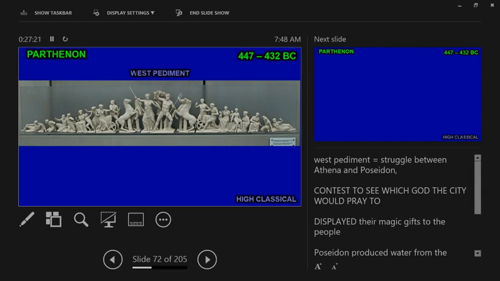Poseidon offered water. He created this miracle where water came up from a crack in the earth and gave the people water. She gave the people olives. And for whatever reason, the people of that city chose her to worship rather than him.